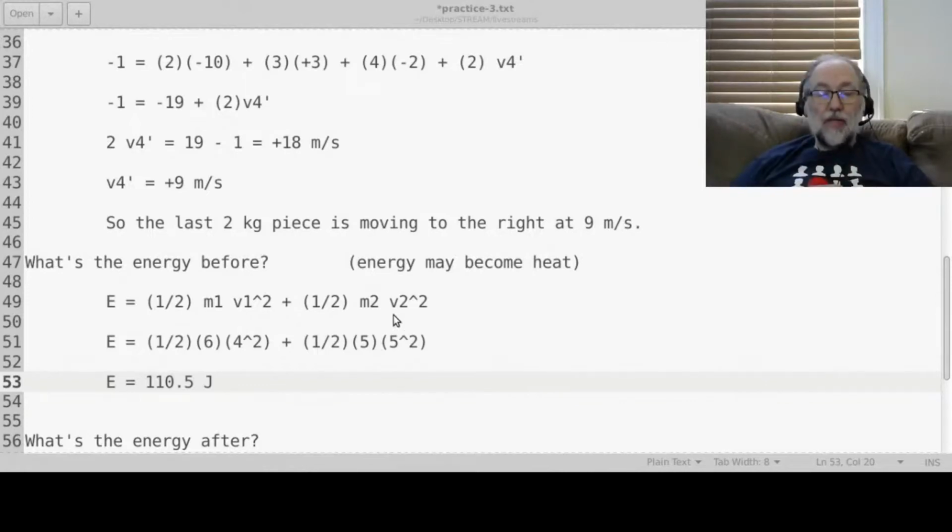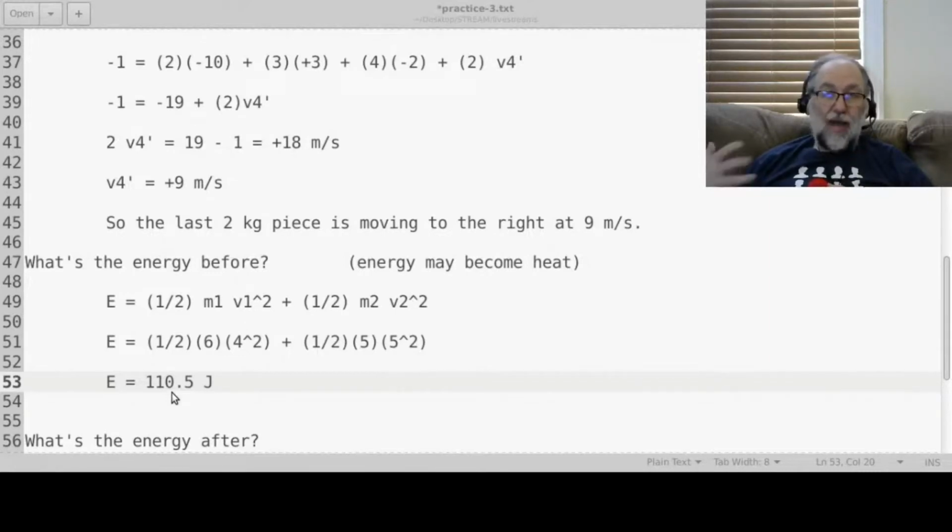But when it comes to energy, because the velocity is squared, the negative sign drops out. So -5 squared, 5 squared gives you the same number. It's 25. When you square a negative number, the negative sign disappears. So I dropped it out there just to make it easier to write down. But this works out to 110.5 joules. So that's your energy before the collision.